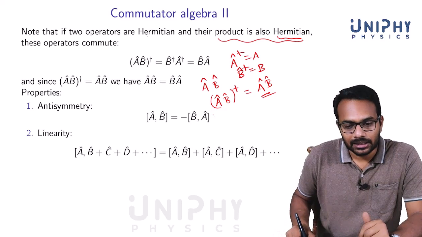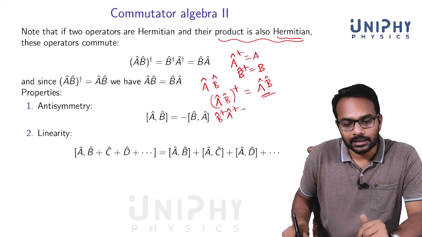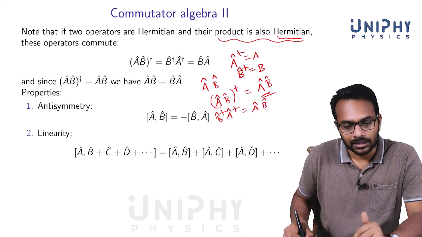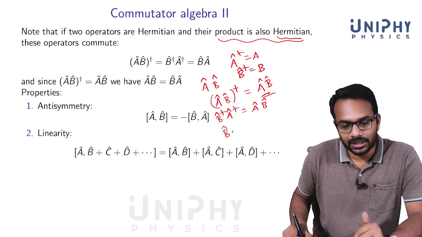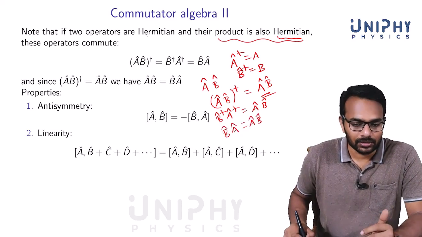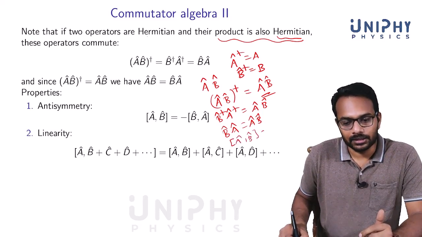We can just show that here. B†A† is equal to AB, but already we had said that A and B are Hermitian, so BA is equal to AB, or AB minus BA is equal to 0, or [A, B] is equal to 0.